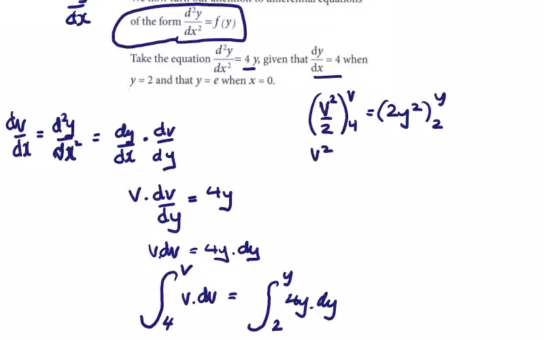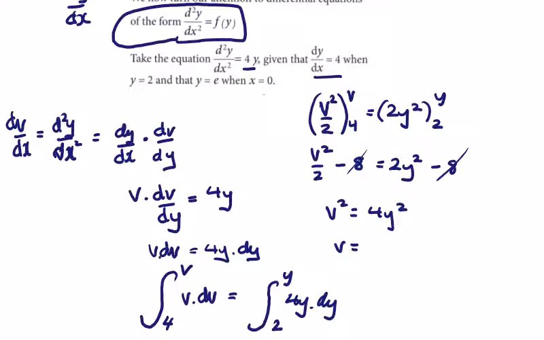So we get v squared over 2 minus, putting 4 in for v, 16 over 2, which is 8, equals, putting y in, 2y squared, and then putting 2 in, we're also going to get 8. Happens a lot with these constants, they cancel. So we're going to get v squared is equal to 4y squared.